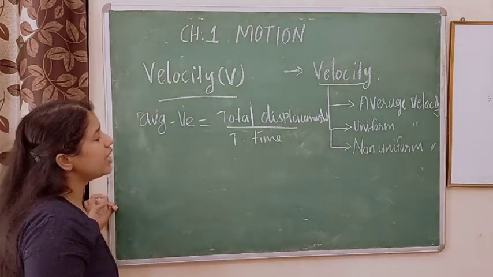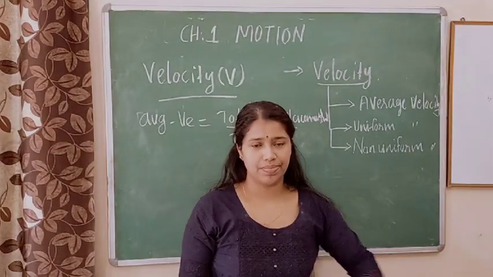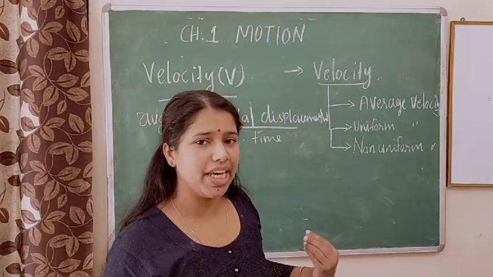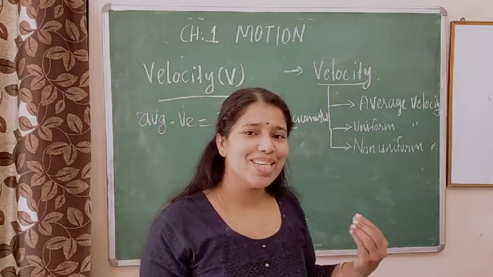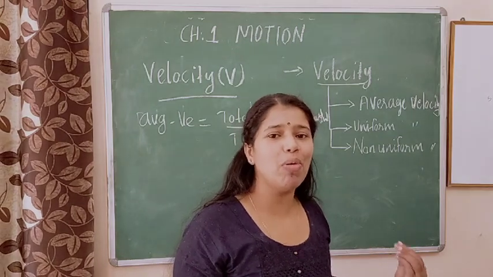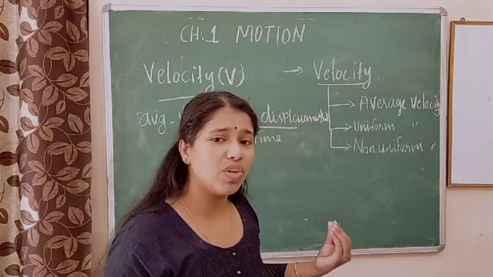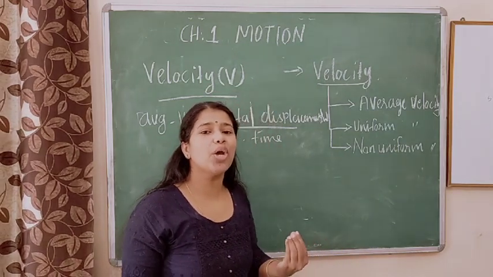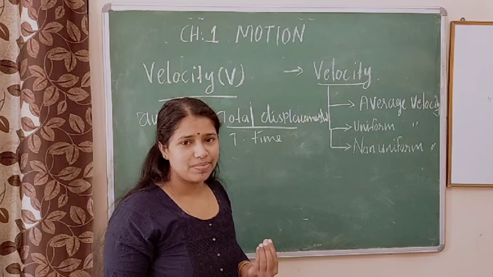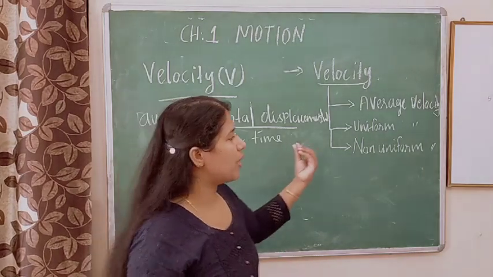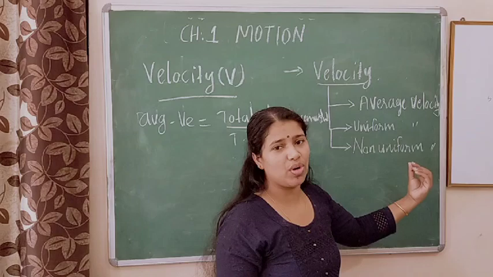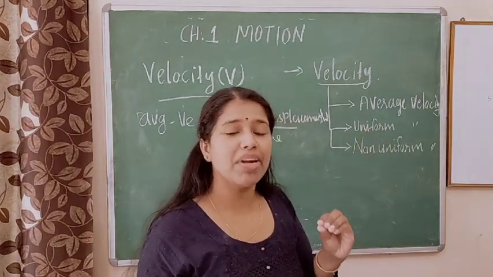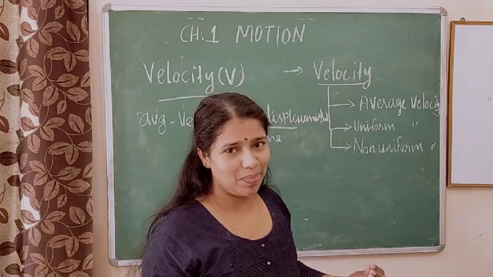Okay. Next one is uniform velocity. A body is said to be in uniform motion, uniform velocity, if it covers equal displacement in equal intervals of time. In case of speed, uniform speed means equal distance in equal intervals of time. In case of uniform velocity, equal displacement in equal intervals of time.